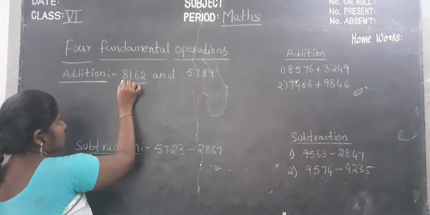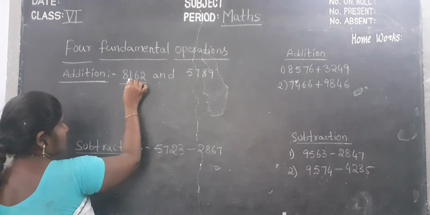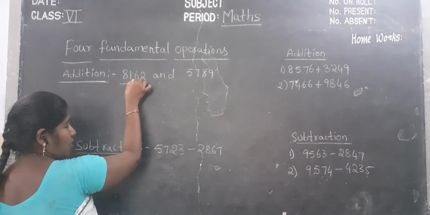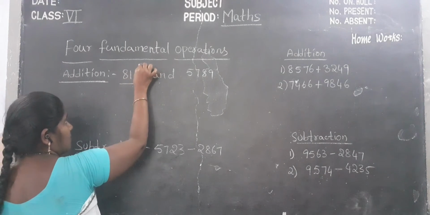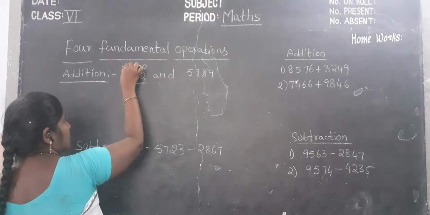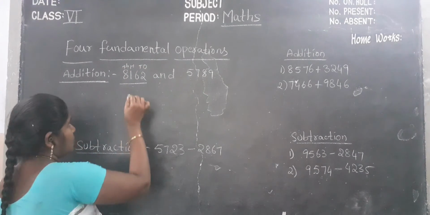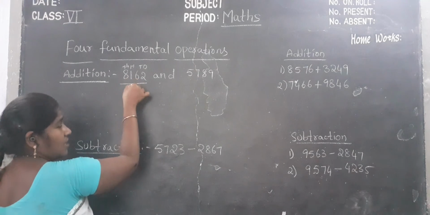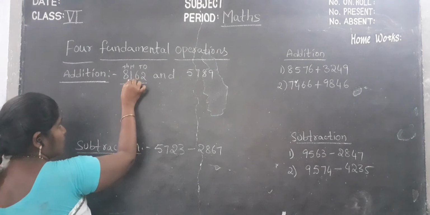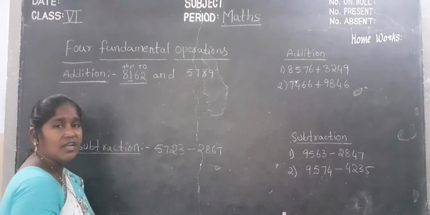Okay children, thousands means we should write like this. We want to observe the right side of the thousands place, that is the hundreds place. That one is 1. 1 means that is less than 5.